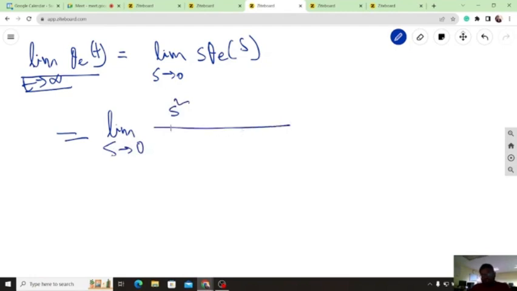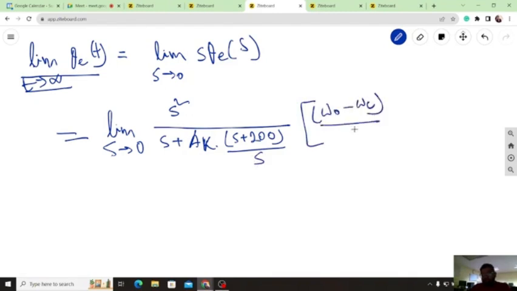It is a square by s squared plus ak, and here it was h. So what is the value of h here? It is not 1 right now, it is this function, s plus 200 by s, into omega 0 minus omega c by s square.